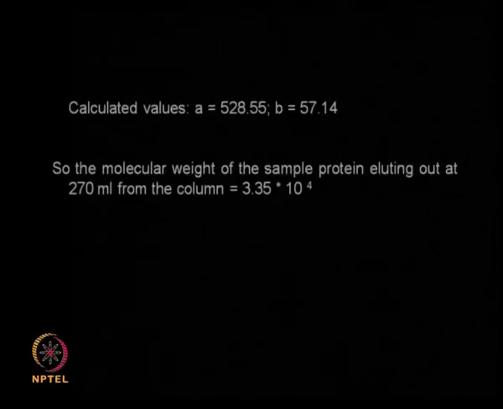So you have a linear regression relation and you make use of the relation. So you need to know the elution volume for two proteins whose molecular weight is known. Once you know that, we calculate the slope and intercept of that regression relation, and for any unknown system, if you know the elution volume, you can calculate the molecular weight from that regression relation.